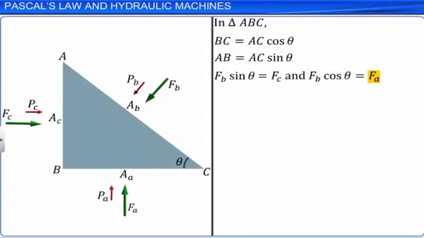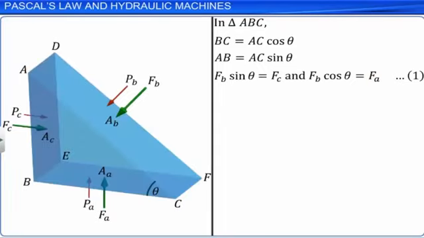As the thickness of the prismatic element is constant, the areas of the three sides of the prism can be expressed in terms of the trigonometric ratios as shown for the forces given by equation 2, which is AB sine theta is equal to AC and AB cosine theta is equal to AA.